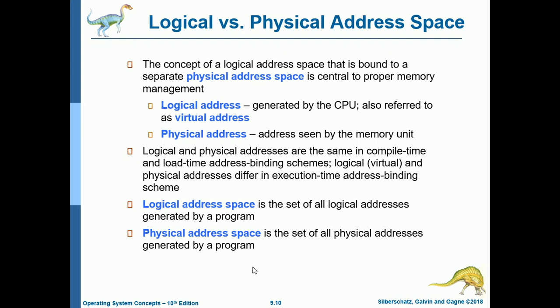So that's the difference between logical and physical address. The physical address is the actual land where our home is situated, and the logical address is the assigned house number, the barangay you're in, and the province you're in.